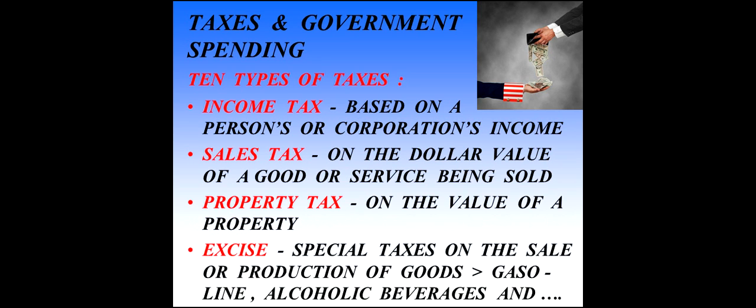Next, excise taxes. Now these are special taxes either on the sale, so over and above a sales tax, or just the production of certain types of goods. We have excise taxes on gasoline, alcoholic beverages, tobacco.